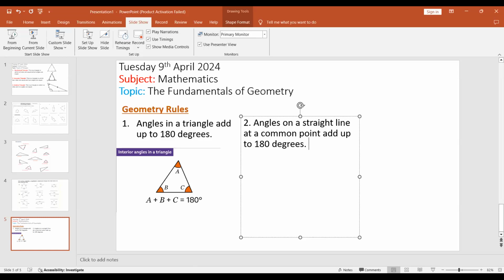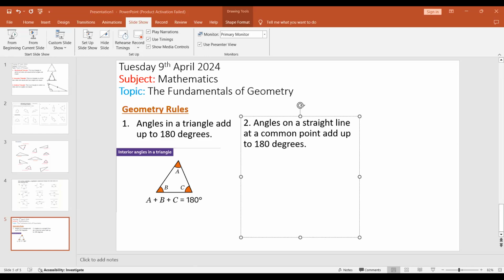This is very important to remember. If we have angles at a point on a straight line, they add up to 180 degrees. So if you have these angles, and they are at a common point, they should add up to 180 degrees.